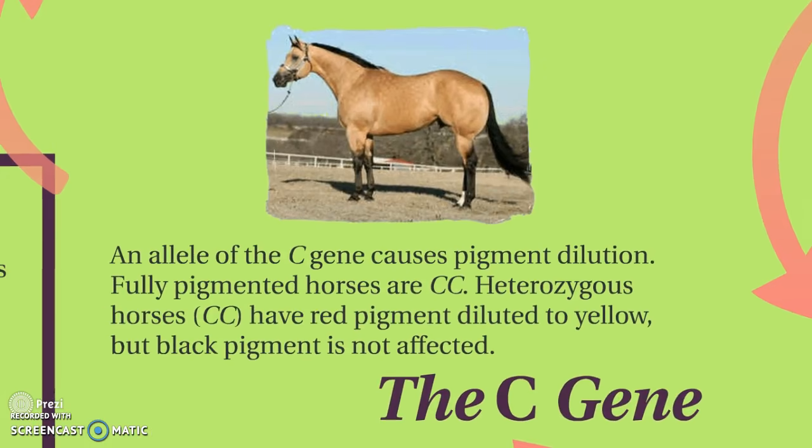The C gene. An allele of the C gene causes pigment dilution. Fully pigmented horses are big C, big C. Heterozygous horses, big C, little c, have red pigment diluted to yellow, but black pigment is not affected.